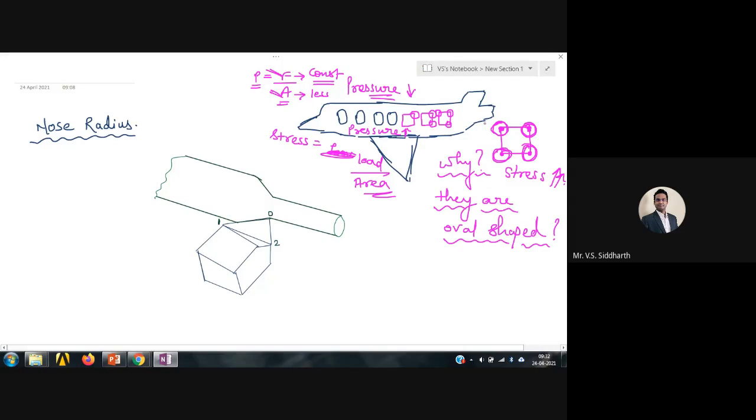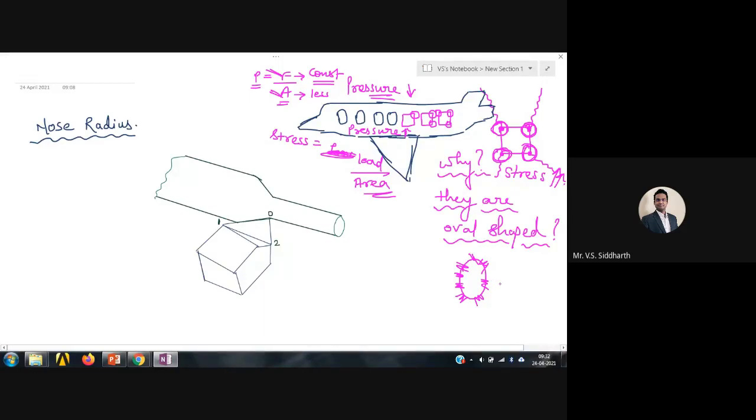The stress might go beyond the fracture strength, or the ultimate strength, of the material, and the material will start to crack from this location. That's why aeroplane windows are made oval shaped, so that there are no sharp edges where the stress concentration is at the higher end.